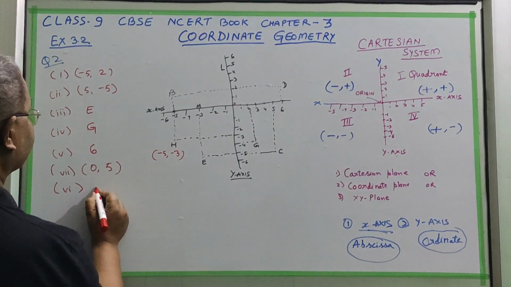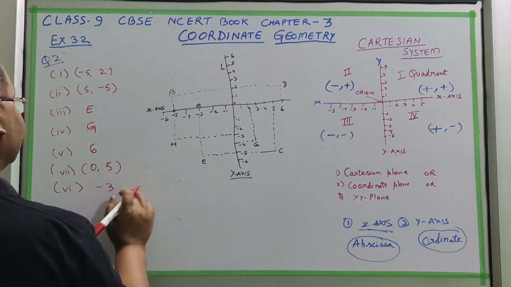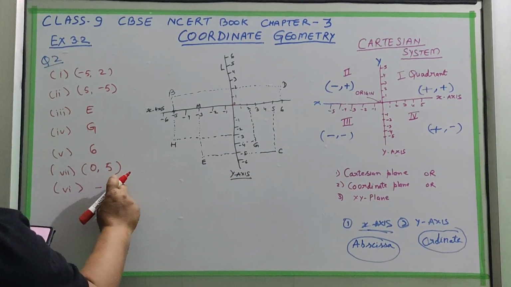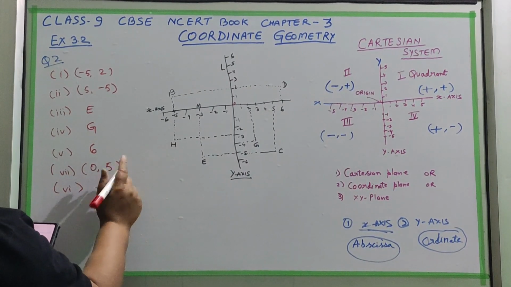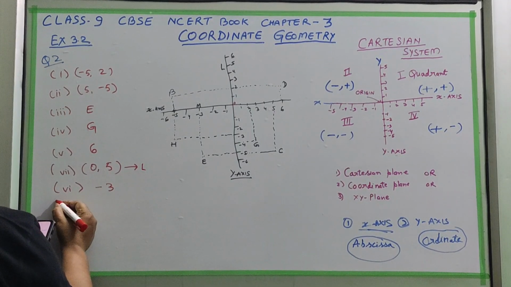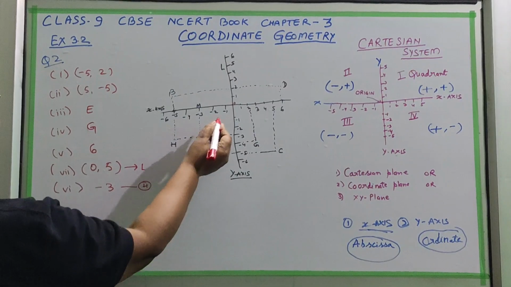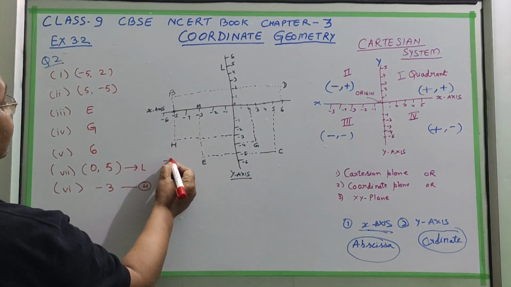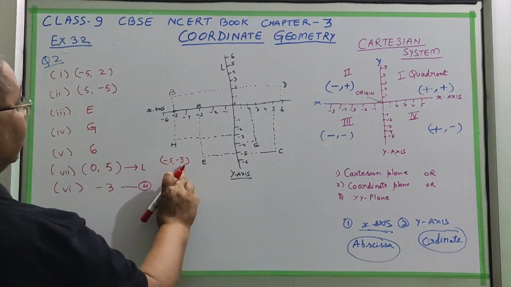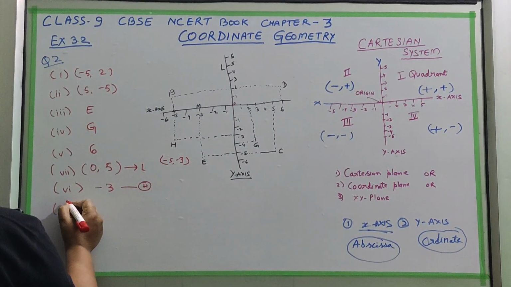So -3 is the answer for this H. Then question number 7 I have already solved. This is for L, and this is for H, because here you have -5 and -3. They want ordinate, and ordinate means this one. Now 6, 7 and now 8.